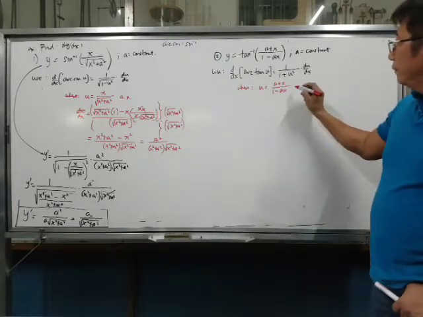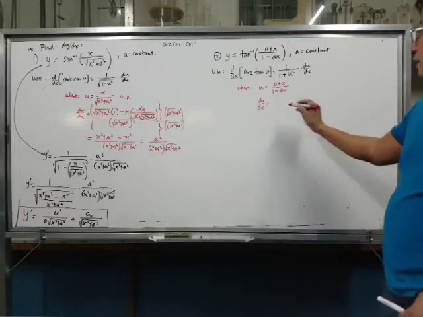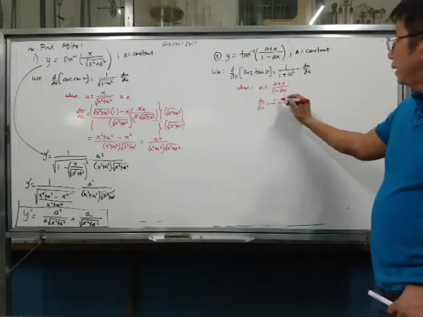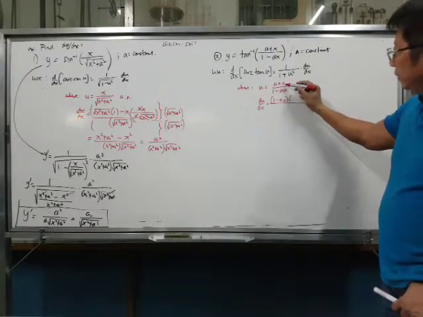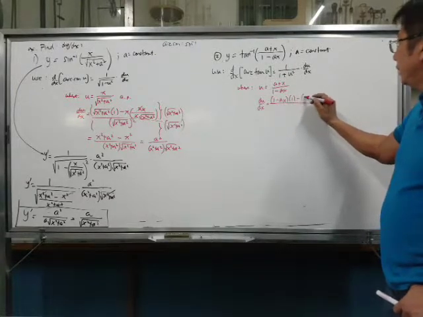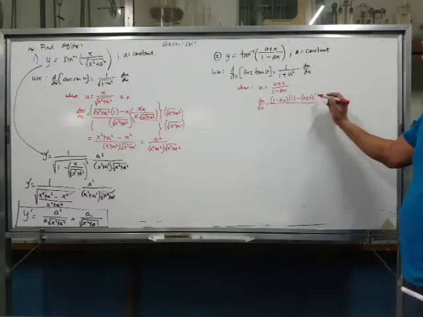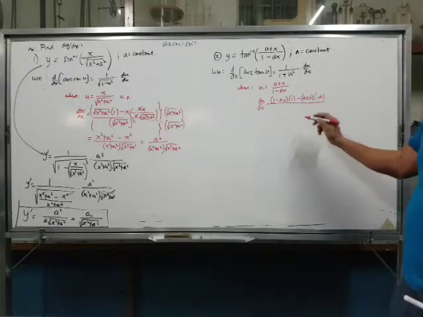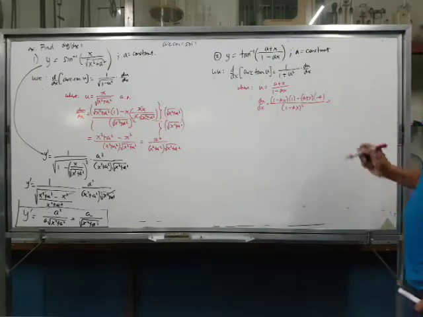And so we have to use the quotient rule to calculate du/dx. The denominator 1 minus ax times the derivative of a plus x with respect to x, which is 1, minus the numerator a plus x times the derivative of the denominator, which is negative a, over (1 minus ax) squared.